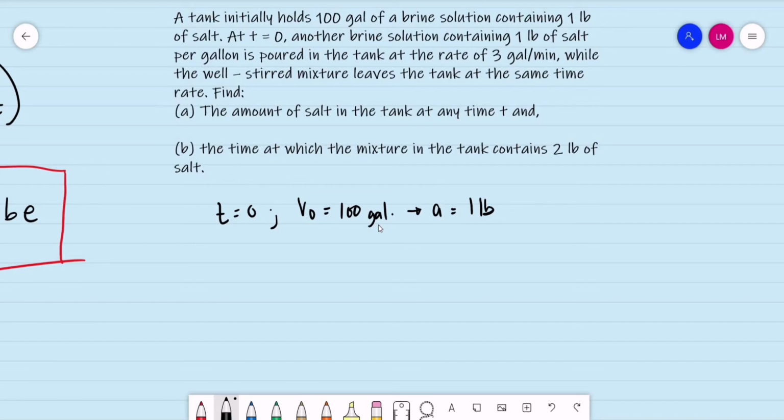So another brine solution contains 1 pound of salt per gallon, poured into the tank at the rate of 3 gallons per minute. So that will be the E, that is 3 gallons per minute.